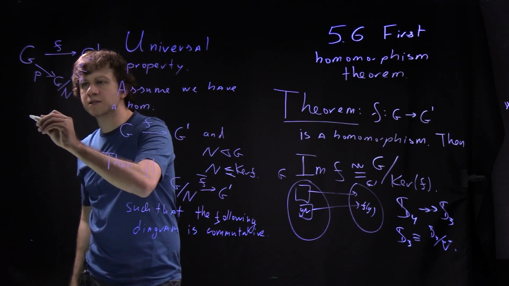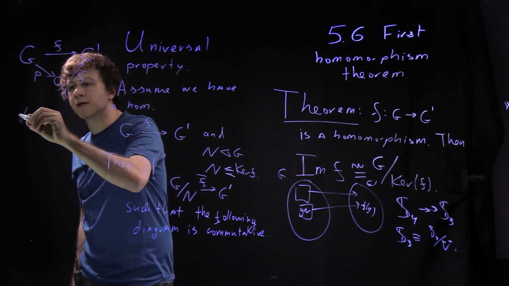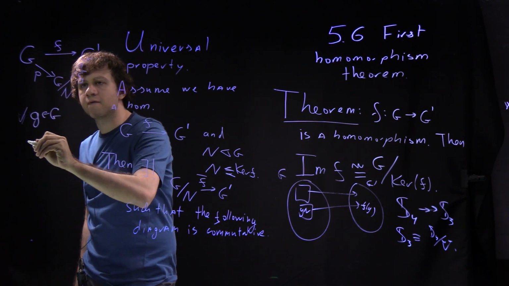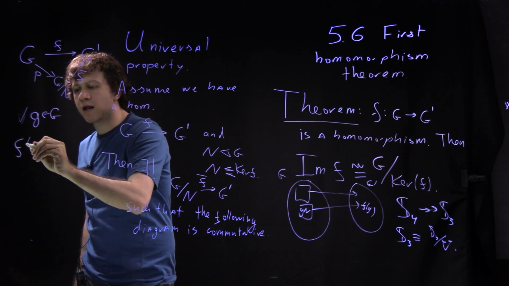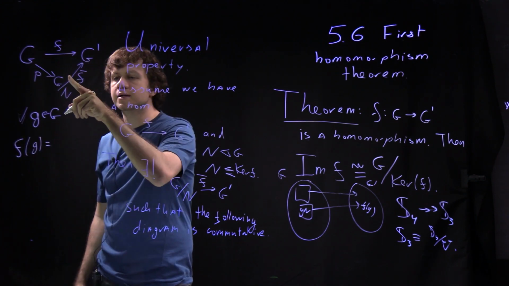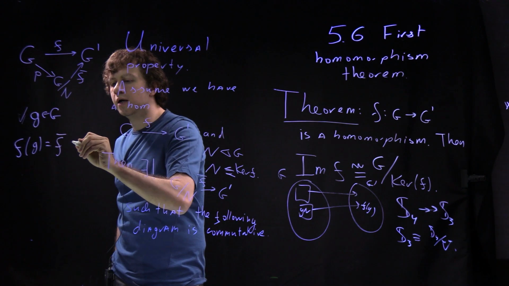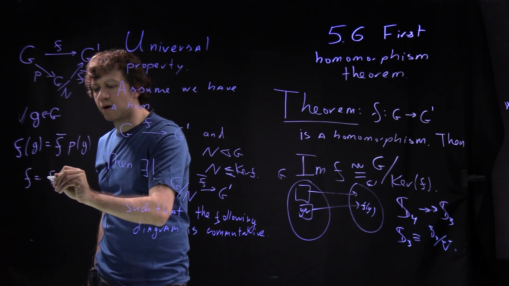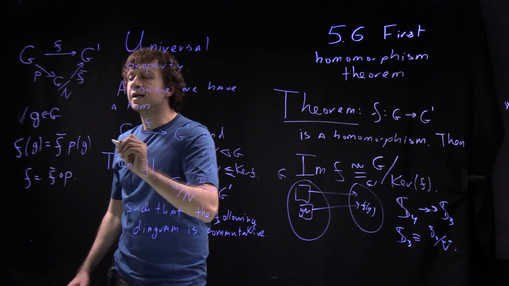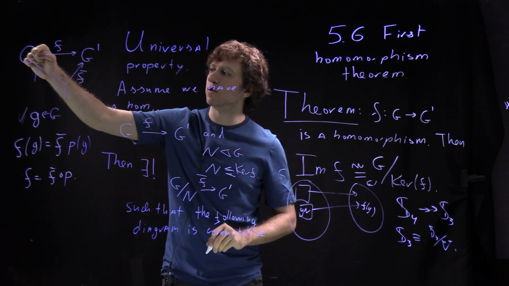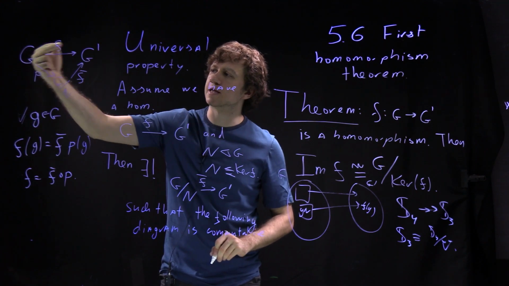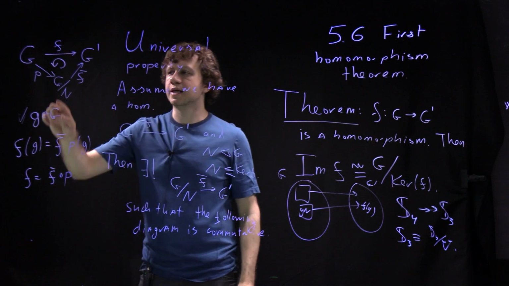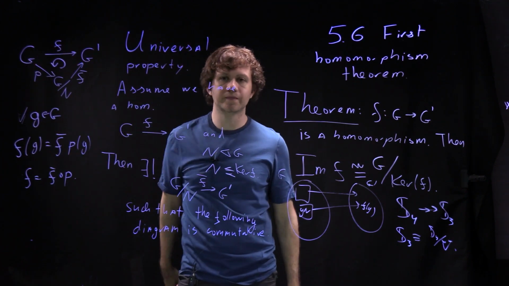So commutative means for every element g in G, if you apply F to g, that's the same thing as applying F bar to P of g. In other words, F equals F bar composed with P. It's much simpler to think: we start here, we go here, here, that's the same as here. Usually we'll write this little circle saying the diagram is commutative.